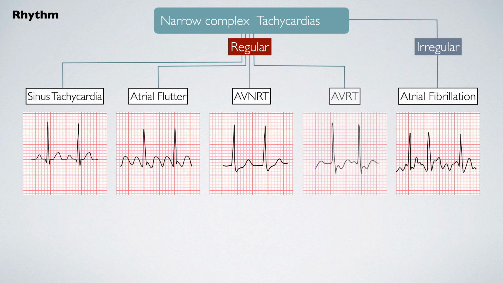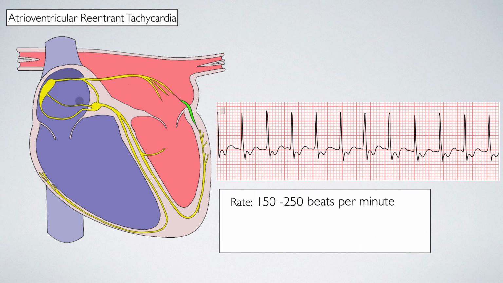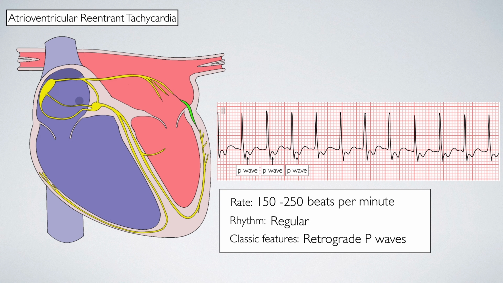Next up is the AVRT, which stands for Atrioventricular Reentrant Tachycardia. This is a narrow complex tachycardia with a ventricular rate around 150 to 250 beats per minute. The rhythm is regular and classically presents with retrograde P waves, meaning that the P waves occur after the QRS complexes.